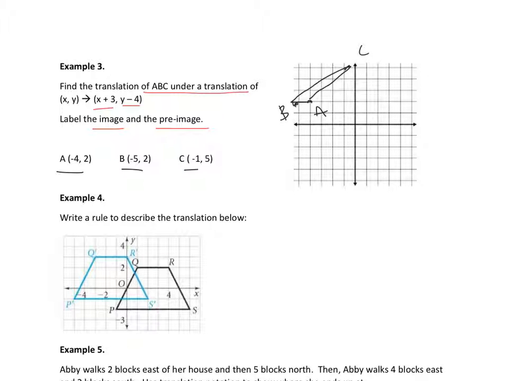This means we're going to shift A 3 units right and 4 units down. So A prime is right here. Then we do that to B: shift B 3 units right and 4 units down. That's going to be B prime.